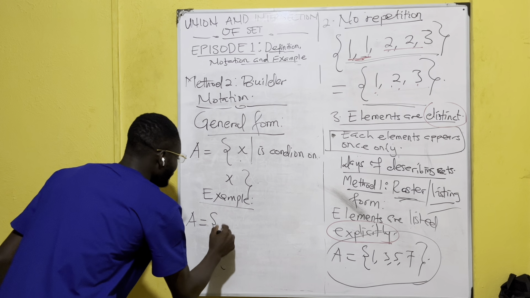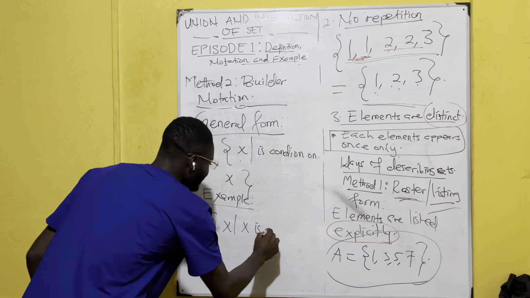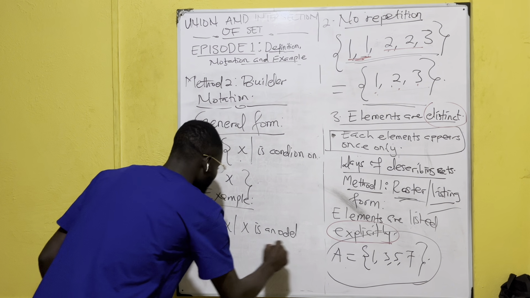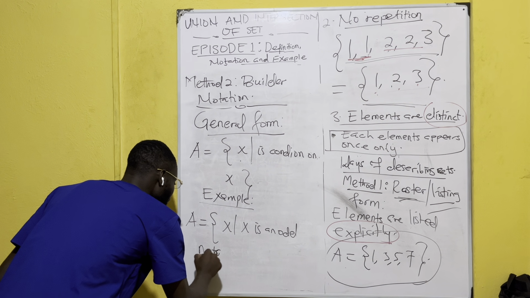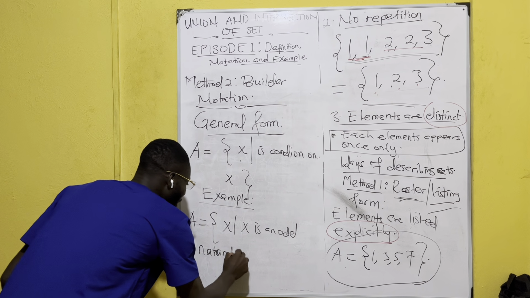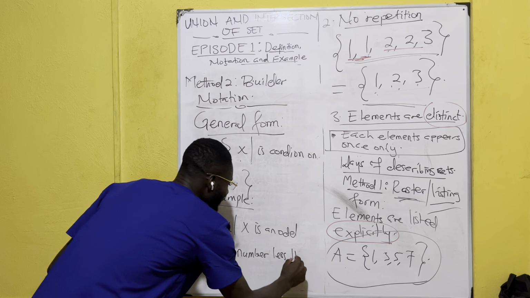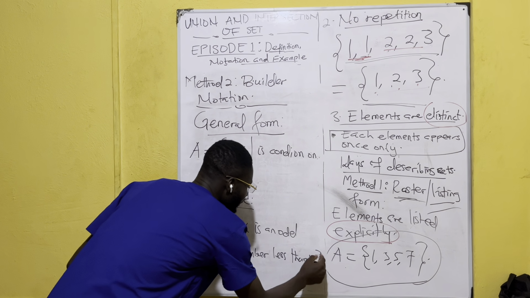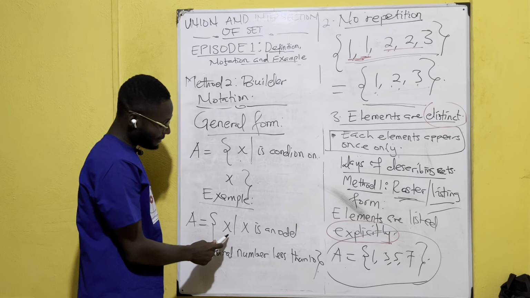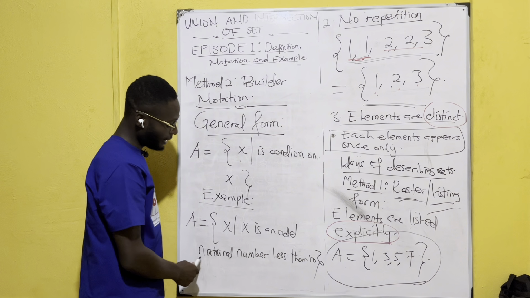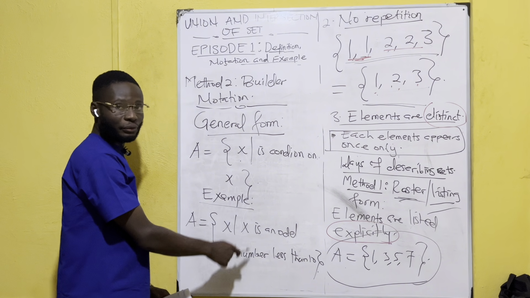A equals X such that X is an odd natural number less than 10, right? So this is an example. X is such that X is an odd natural number less than what? 10. So this is the builder notation form.